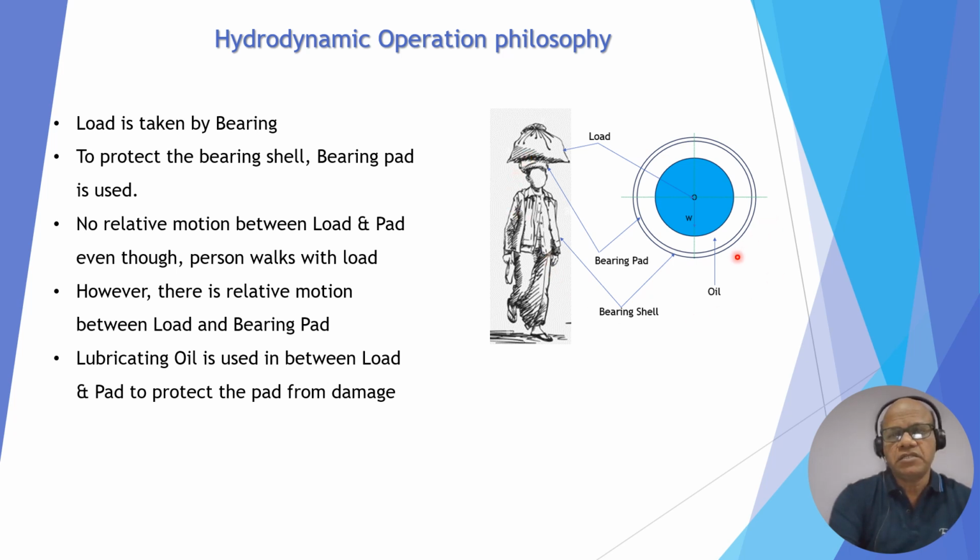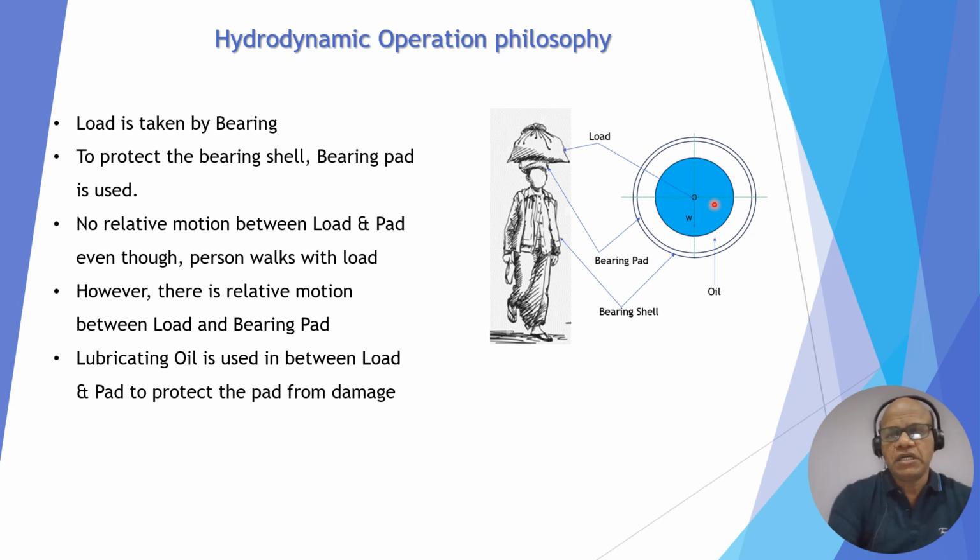Same thing: this is a bearing shell, and this is the shaft load. The shaft load cannot be taken directly on the bearing shell, so you need a pad. That pad is called the bearing babbitt material, which is softer than the shaft material.